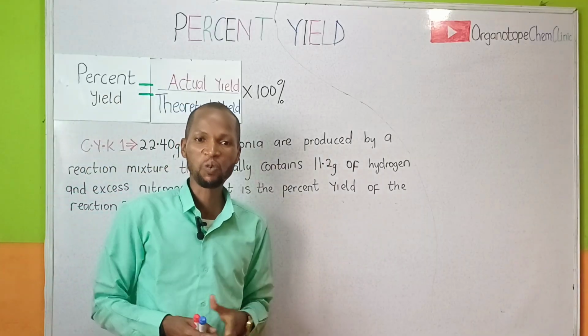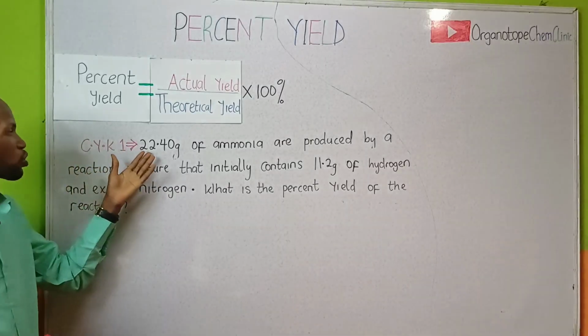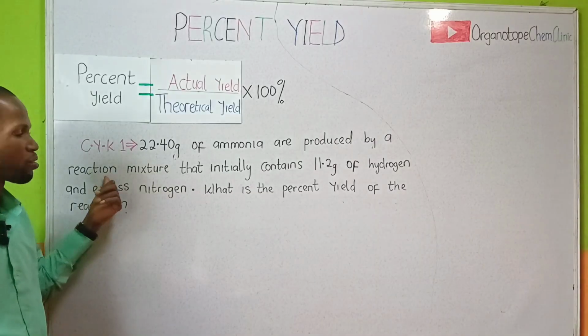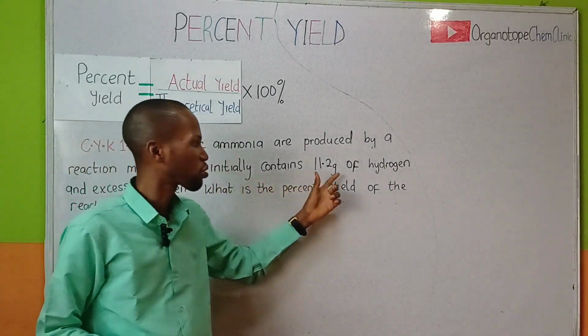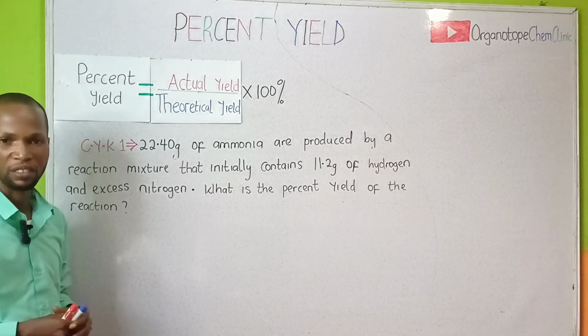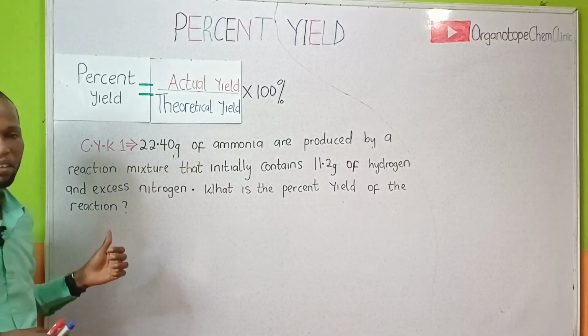Now let's solve a quick example right here on our CYK1. 22.4 grams of ammonia are produced by a reaction mixture that initially contains 11.2 grams of hydrogen gas and excess nitrogen. What is the percent yield of the reactants?